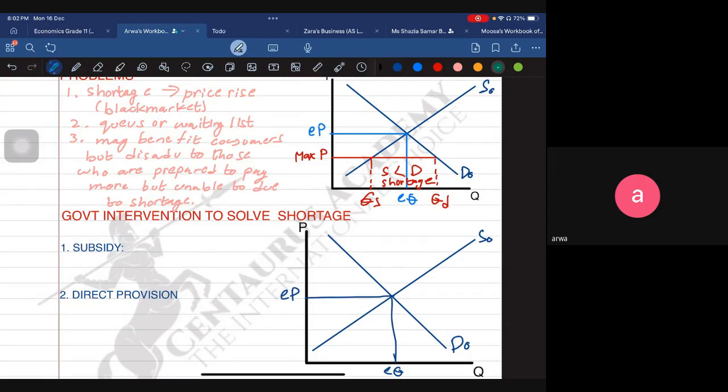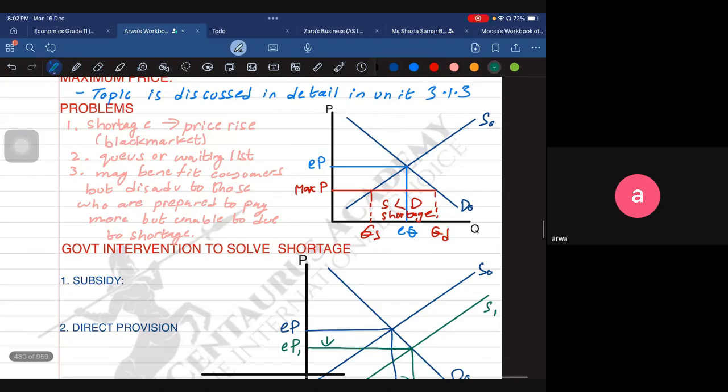When the subsidy is given, the supply is going to rise. So EP1 and EQ1, we have moved to a new equilibrium. Where the subsidy is being applied, right now there is disequilibrium.